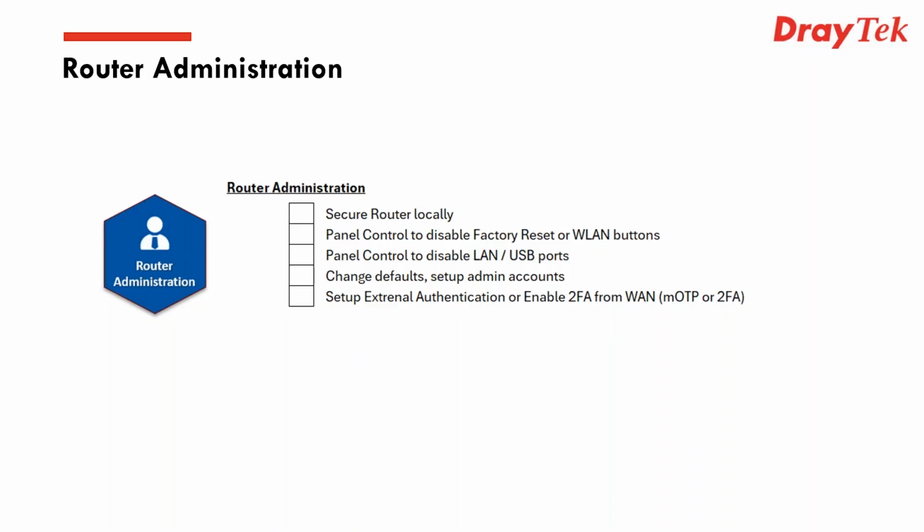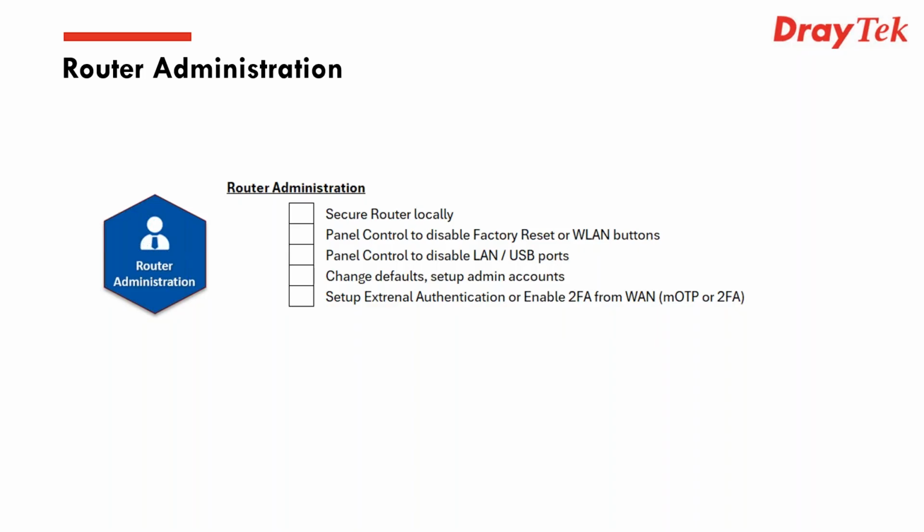That can be really handy because sometimes people do try and solve an issue, and occasionally they'll think, oh well, if I press this factory reset button, maybe that's going to solve my problem, and that then can cause more problems. So you can helpfully on the DrayTek routers disable the factory reset button through the panel control, and also you can use the panel control to disable specific LAN interfaces and also the USB ports if you need to.